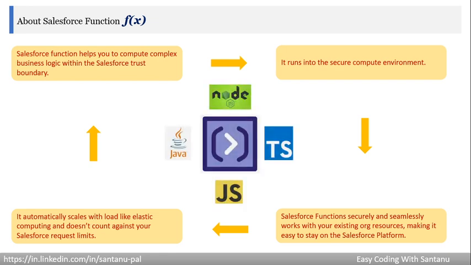So we can use Node.js, we can use TypeScript, obviously we can use JavaScript, as well as we can use the Java programming language to write or execute Salesforce Functions. So that is a big advantage in the entire Salesforce ecosystem.